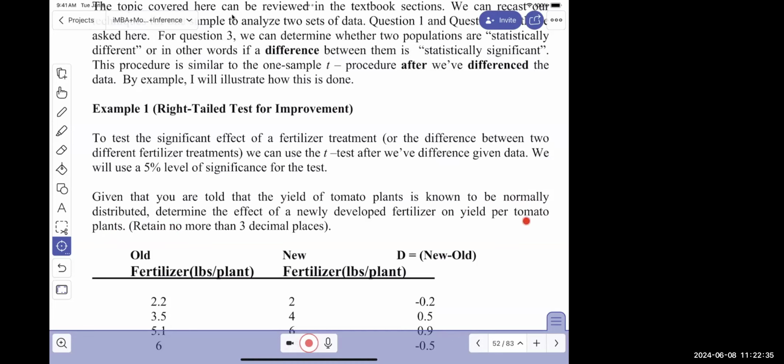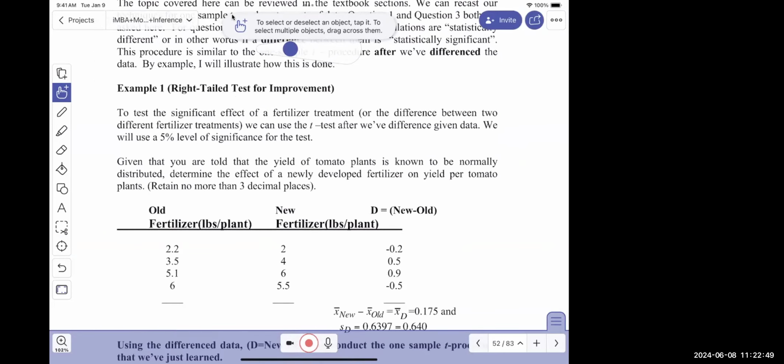And we want to know whether this new fertilizer that we use improves yield from the old fertilizer. So we only have 4 observations here. Everything is nicer with more observations, but every observation costs money. So we just have 4 here.